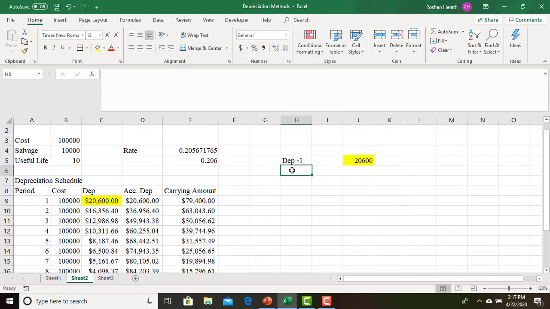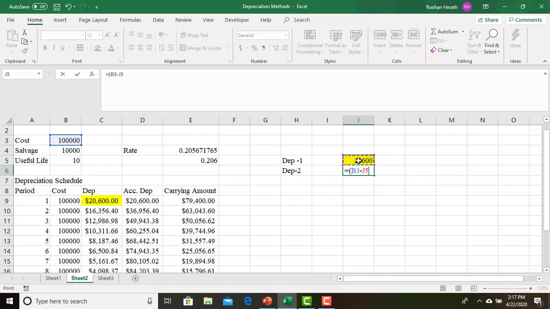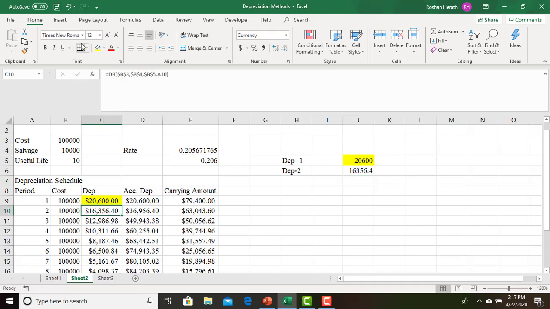Similarly, if I do the depreciation for the second year, how would it look? You take the cost, and the accumulated depreciation from the first year, the prior period, you deduct that, multiply by this percentage, and you get 16,356.4.